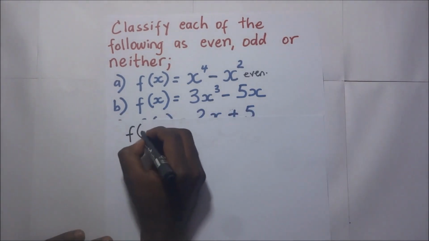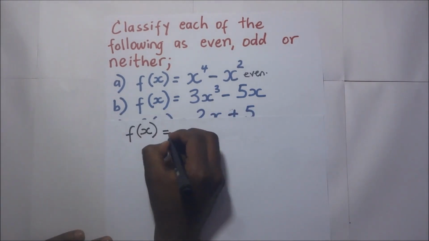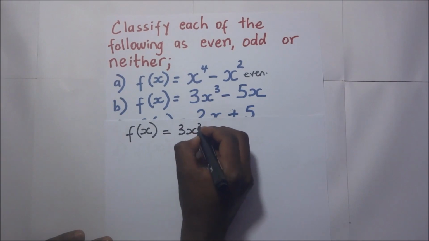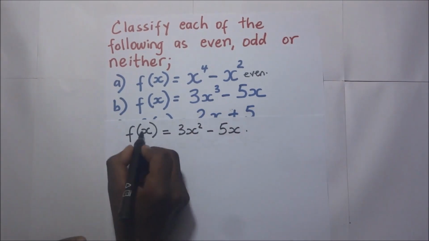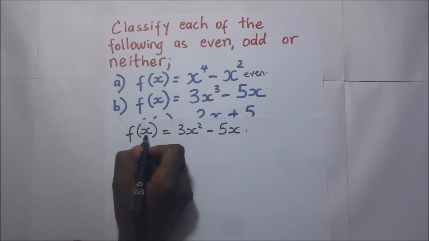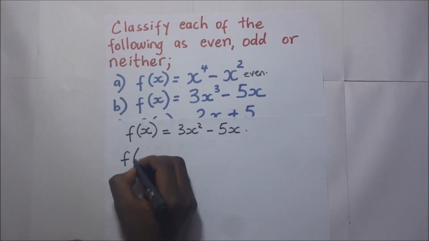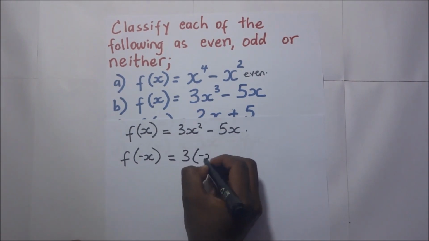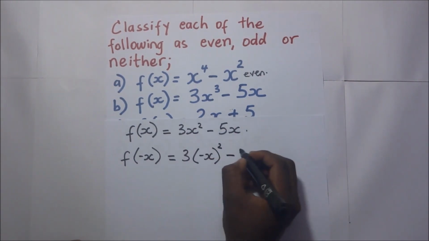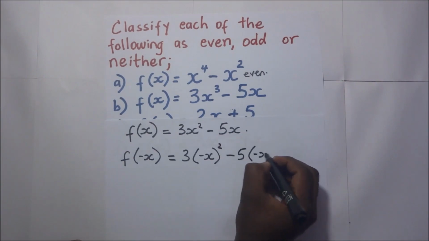Part B, f of x is 3x cubed minus 5x. That's the function. So let's plug in a negative here and see what we get. So f of negative x is going to give us 3 into negative x to the power 3 minus 5 into negative x.